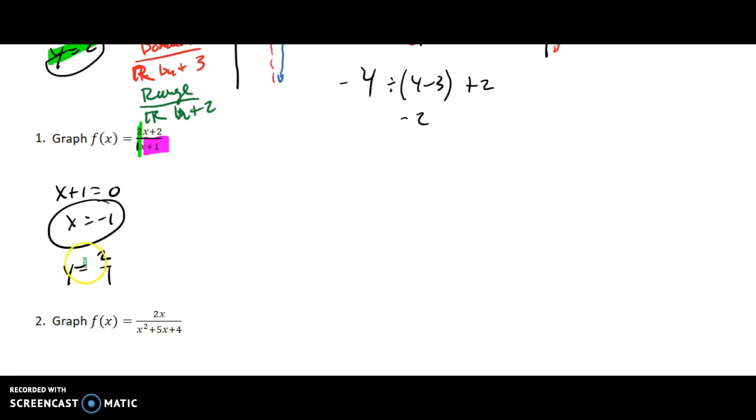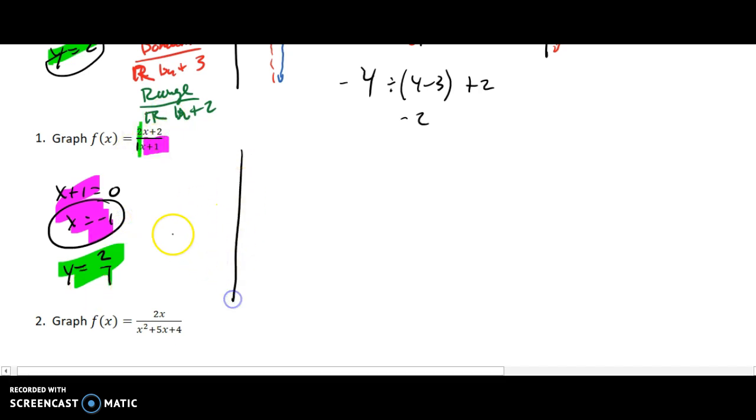Okay, so the green came from the green, the purple came from the purple, and that's how I find those numbers. Then I take those numbers and I put them on a graph here. And I didn't color coordinate, sorry, as dashed lines.